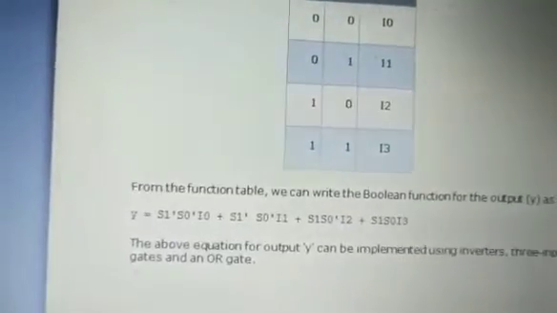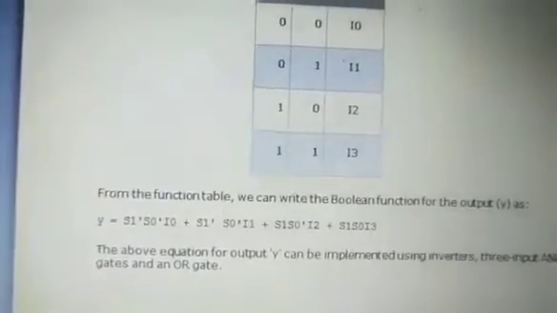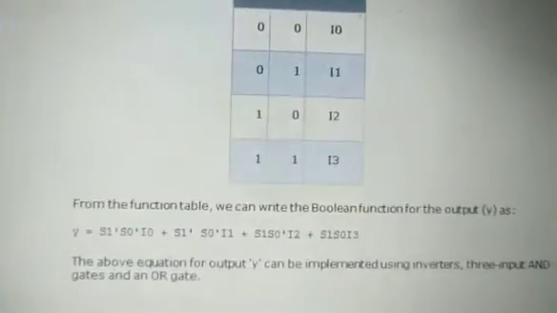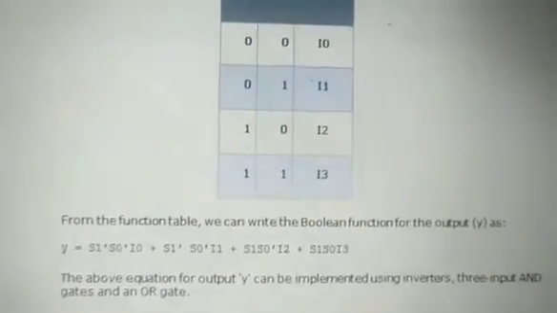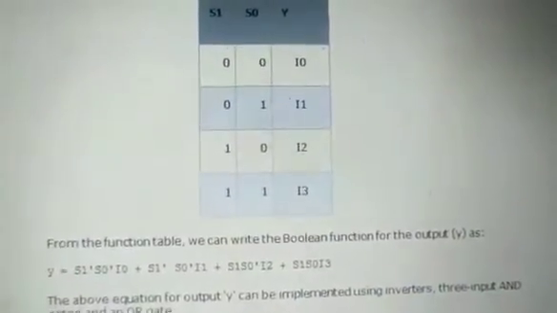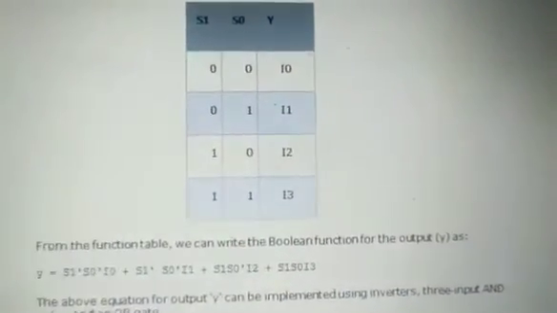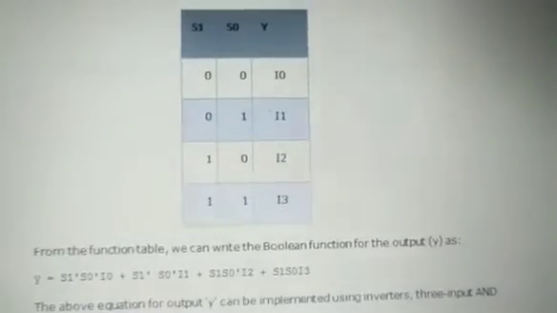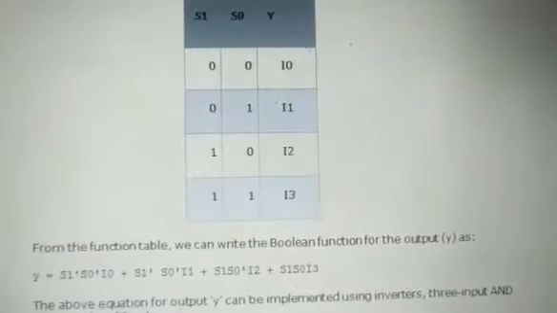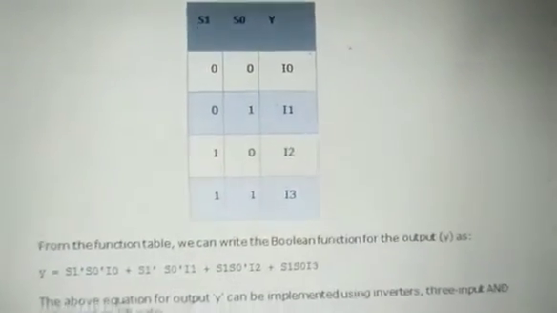For the first one, I0 will be selected when S1 and S0 are in the bar form, meaning 0 is passing on both select lines. Then only the first input will be selected for the output.